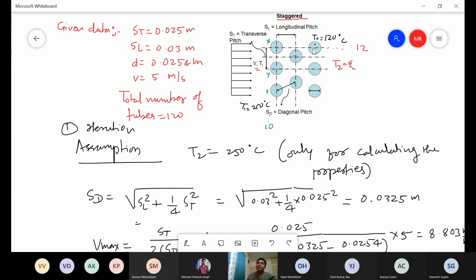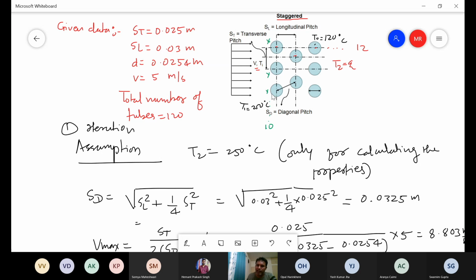That can be done easily by the heat balance. In this case, the total amount of heat transfer can be directly given as hA delta T LMTD. Why LMTD? Because as I move across from the left hand side to the right hand side, my temperature difference is varying. At this end, my temperature difference is 250 minus 120.